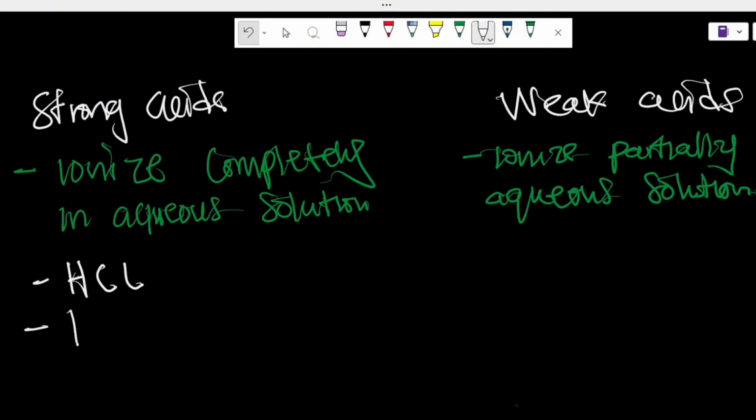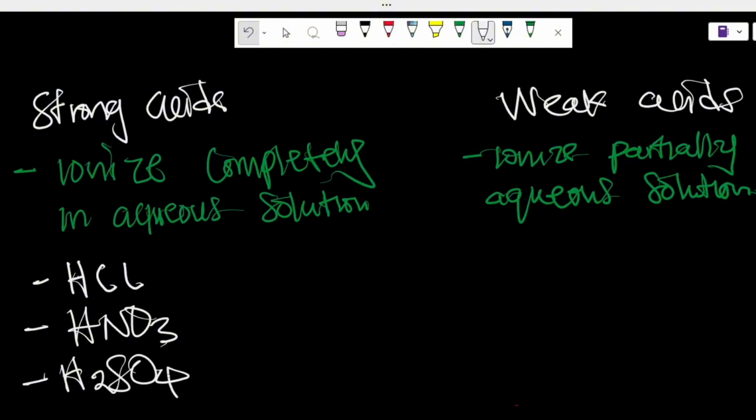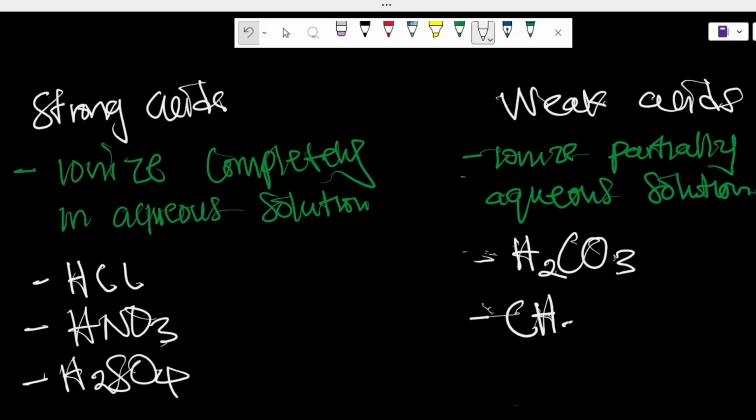You can talk about nitric acid. You can also talk about sulfuric acid. These are the main examples of strong acids. Now, when you're talking about weak acids, for the most part, you have what we call carbonic acid. You can have ethanoic acid.